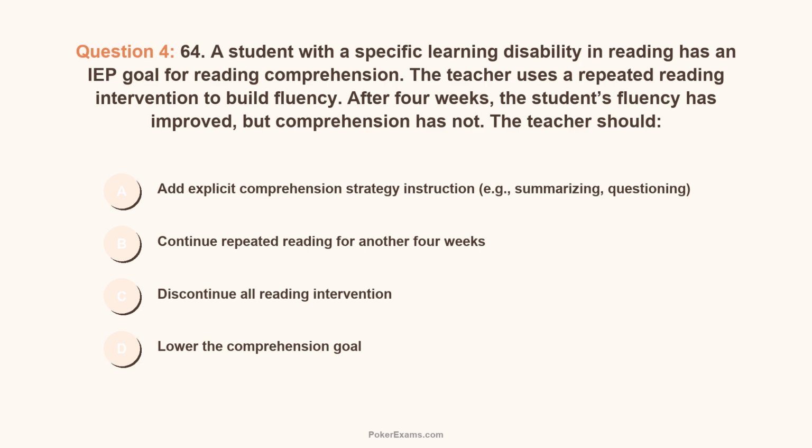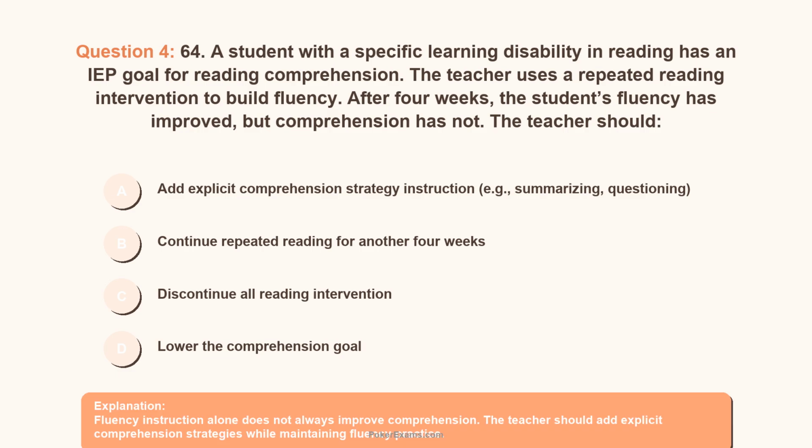Continue repeated reading for another 4 weeks. Discontinue all reading intervention. Lower the comprehension goal. Fluency instruction alone does not always improve comprehension. The teacher should add explicit comprehension strategies while maintaining fluency practice.